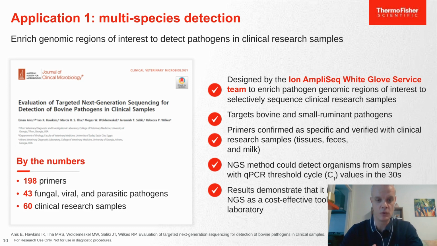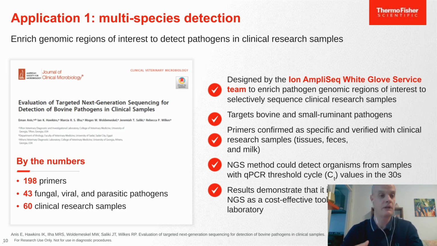In this case, it was done for detection of bovine pathogens. That's also one thing we do. You need to specify, as needed, the host species. That's very useful for the design because we can check that the primers that compose the panel will not interact with and will not amplify the host species. It's what we call exclusion genomes.